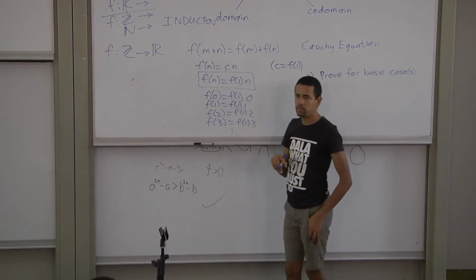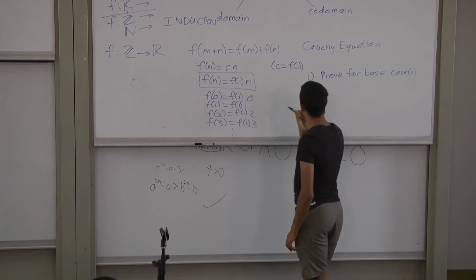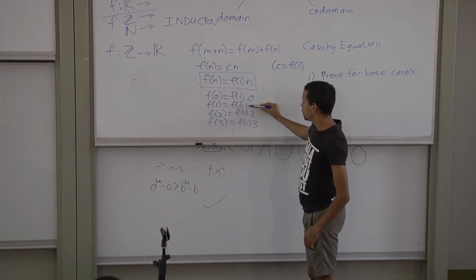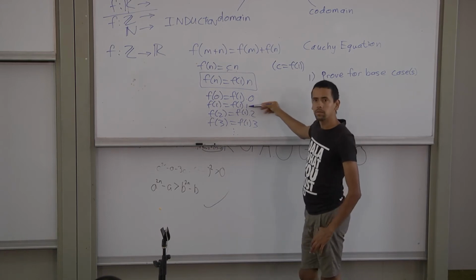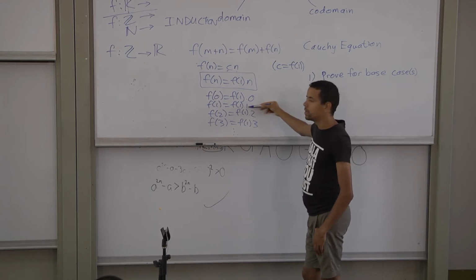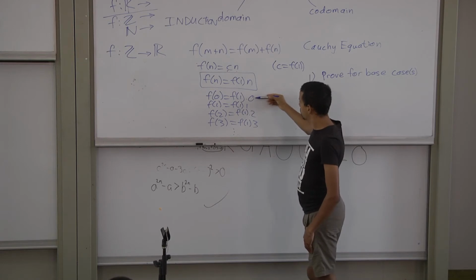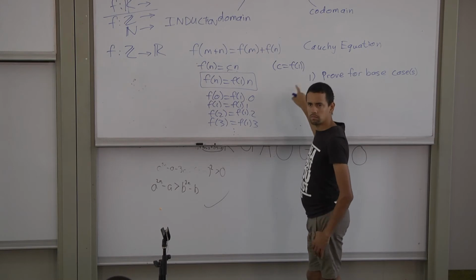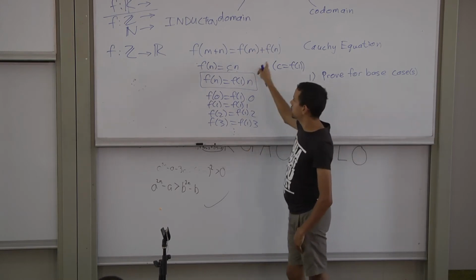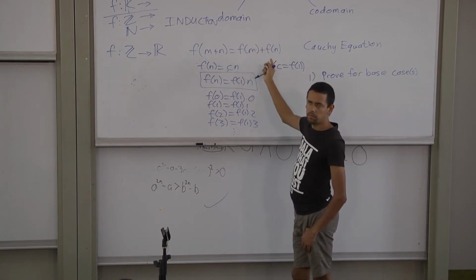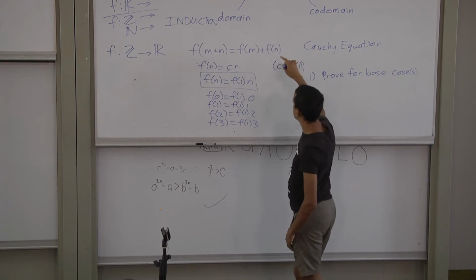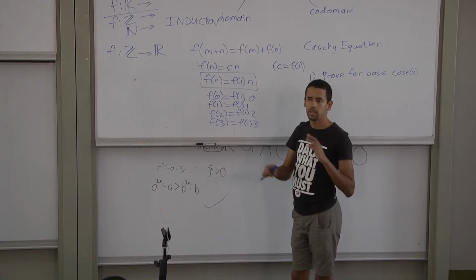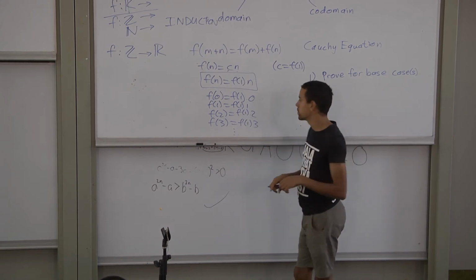Sometimes there's more than one base case, usually only one. So for example, when n equals 1, that is obviously true, because f of 1 is f of 1 times 1. N equals 0 is the same as saying that f of 0 is equal to 0. We did that before I rubbed it off with this equation. You put m and n both equal to 0, you get f of 0 equals 0. So those are your base cases.